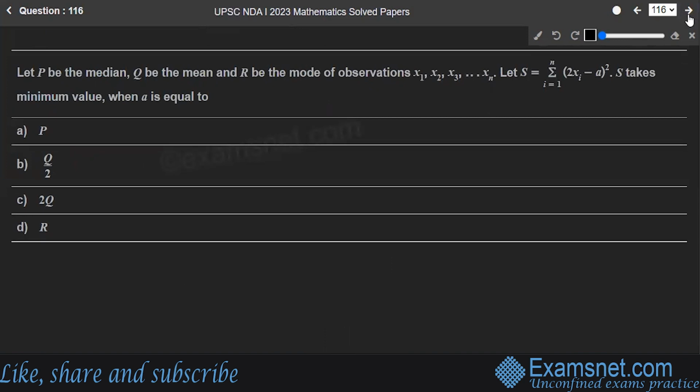It says if P is median, Q is mean, and R is mode of the observations. So this, and this. And these are the observations. Let S be equal to this. It takes minimum value when A is equal to what?